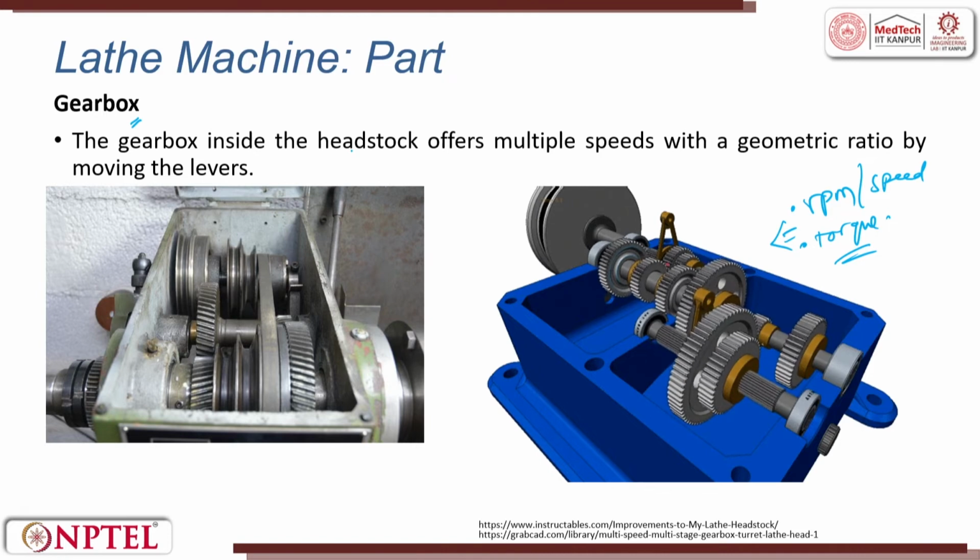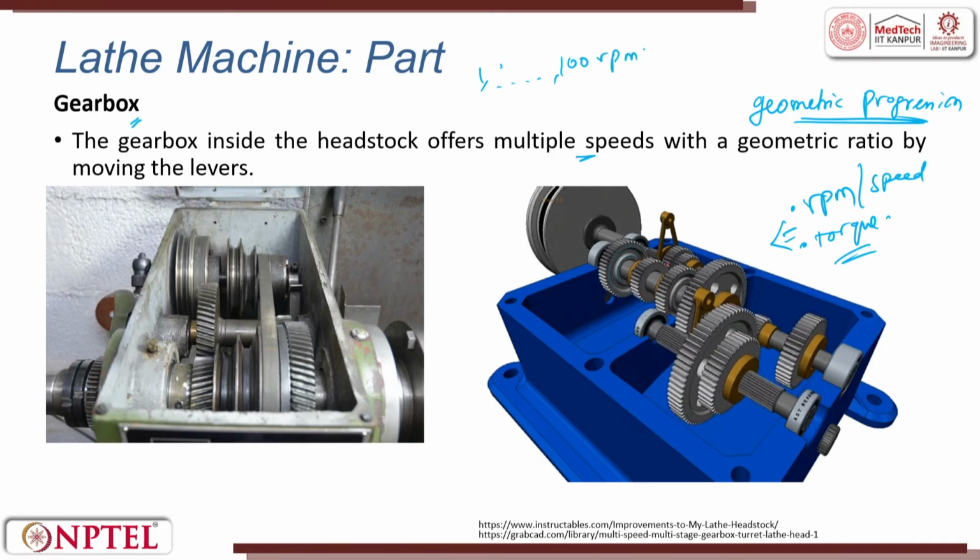The gearbox inside the headstock offers multiple speeds with a geometric ratio by moving the lever. So, what we are talking about is geometric progression. Why is it important? Can I get speeds from 1 to 100 RPM continuously?